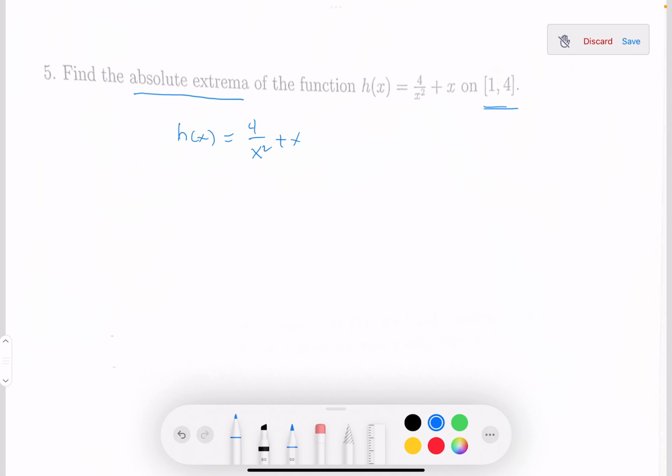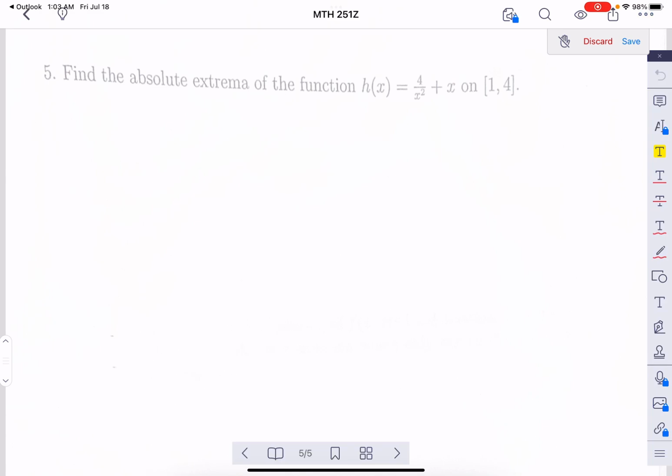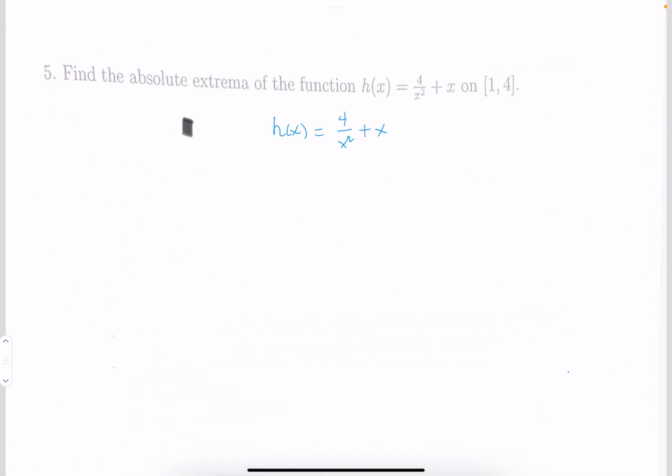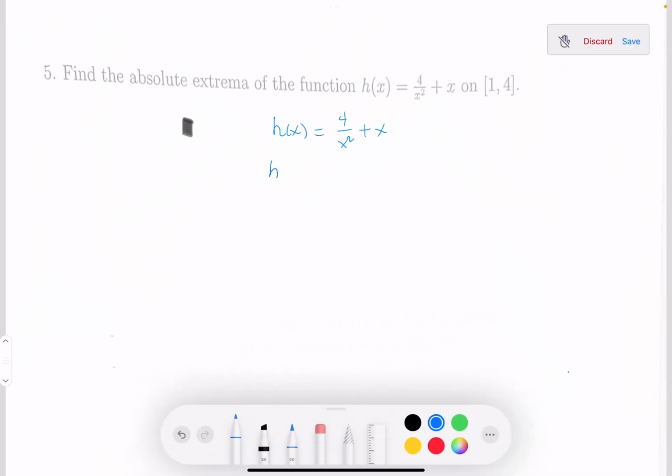Okay, let's find the derivative of h(x). So h'(x) is the derivative of 4x to the minus 2, which is minus 2 times 4, that is minus 8, and minus 2 minus 1 gives x to the minus 3. And the derivative of x is 1.